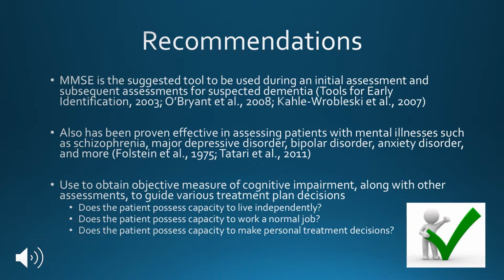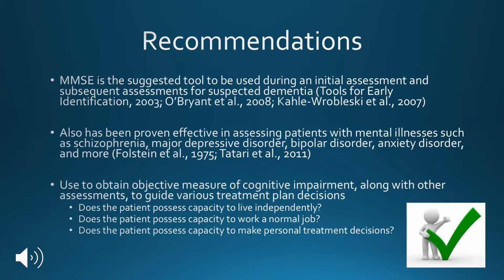In regards to recommendations for the use of the MMSE, the MMSE is the suggested tool to be used during an initial assessment and subsequent assessments for suspected dementia. Additionally, the MMSE has proven effective in assessing patients with mental illnesses such as schizophrenia, major depressive disorder, bipolar disorder, anxiety disorder, and more, as proven and documented in the literature.